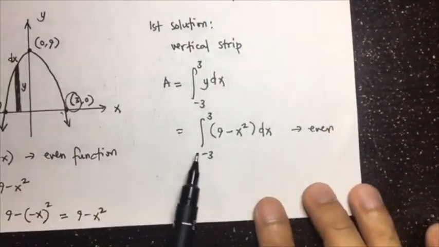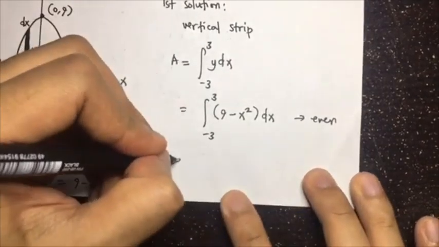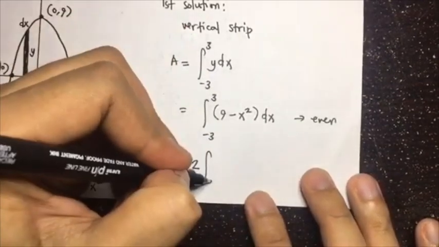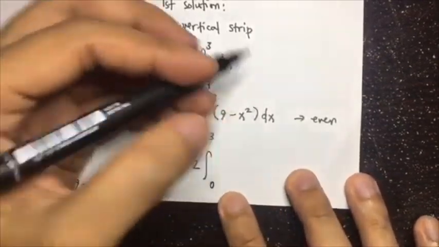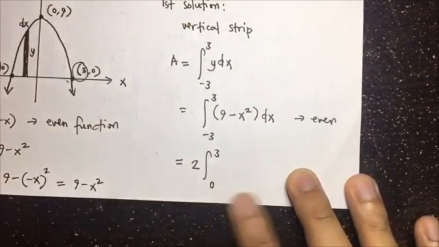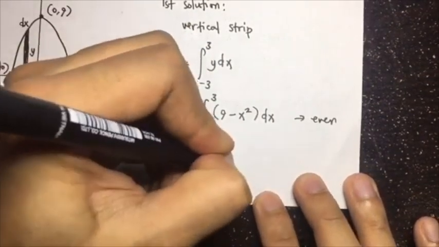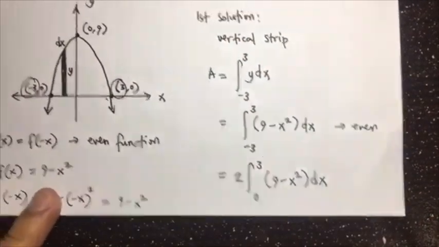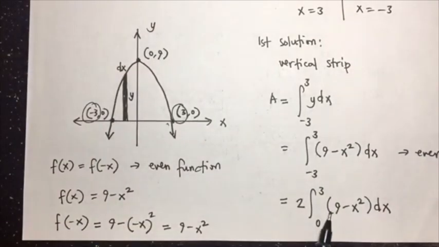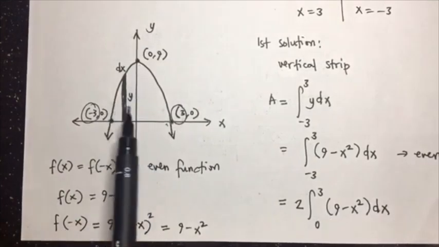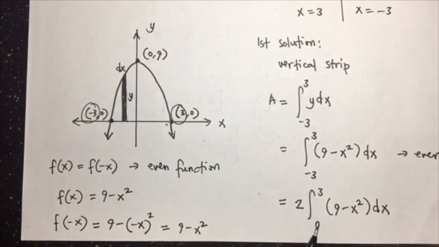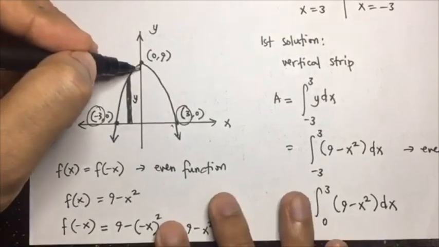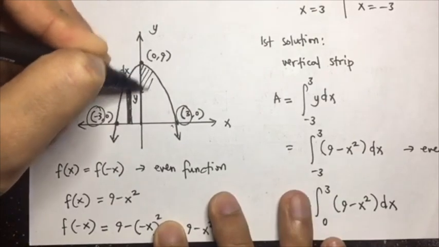So instead of writing from negative 3 to 3, we can just write it as 2 multiplied by the integral from 0 to 3 of 9 minus x squared dx. If we apply it in our area, if we only integrate between 0 and 3, that will be half of the area, only this one.